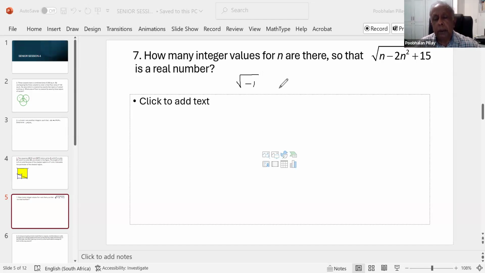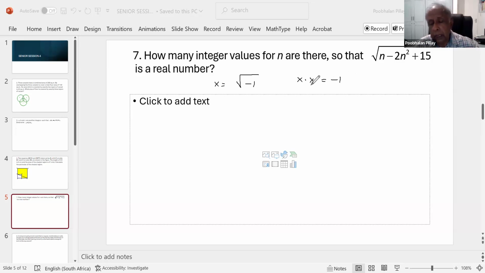The reason is that the square root of a number, if it's x, means that x times x is equal to -1.